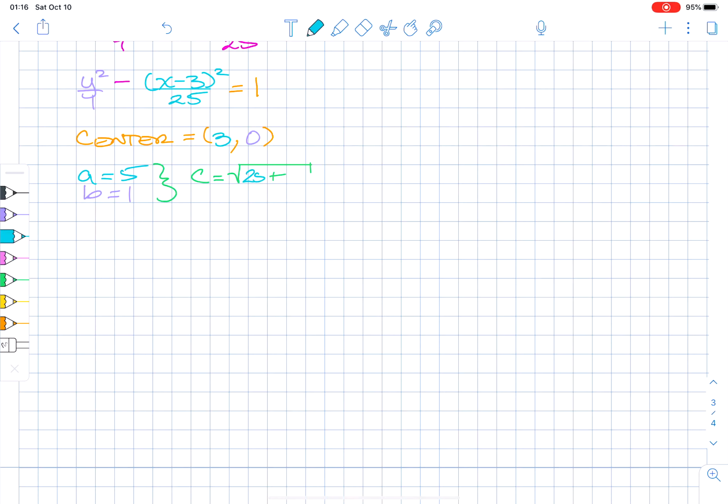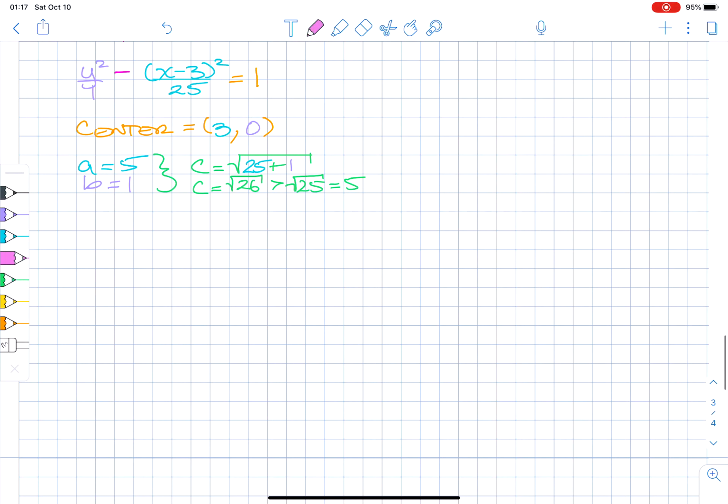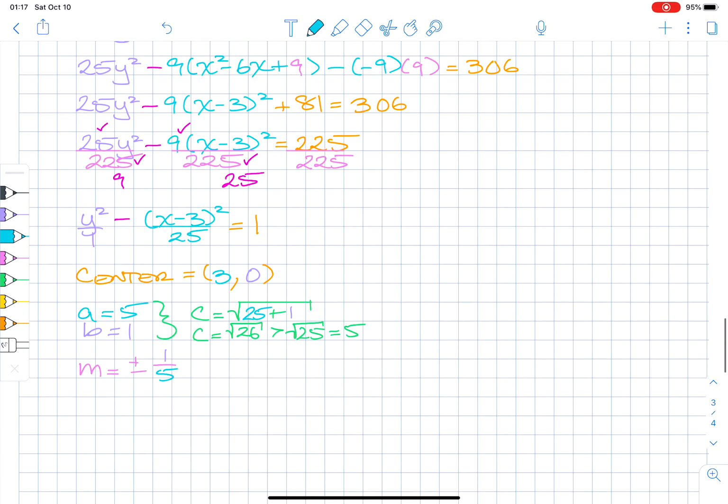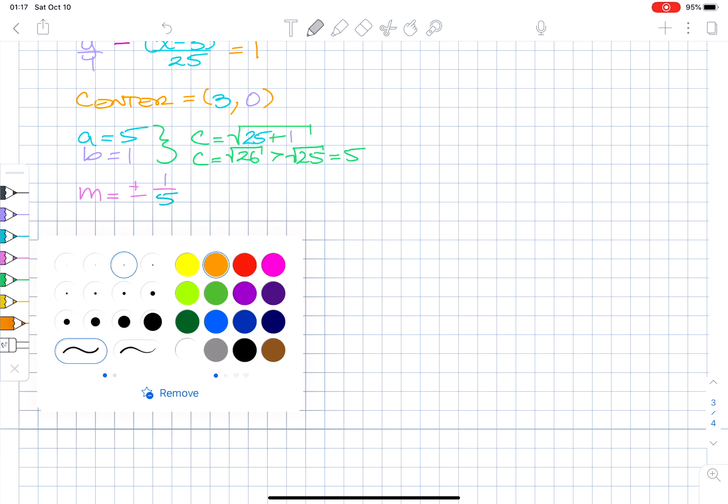So 25 plus 1. Well, root 26 is just a little bit greater than root 25, which is 5. So it's just a little bit more than 5. The slopes of my asymptotes will be plus or minus b over a, so that's 1 over 5. Okay, and what was written first? Y first. So it's an up-down hyperbola.